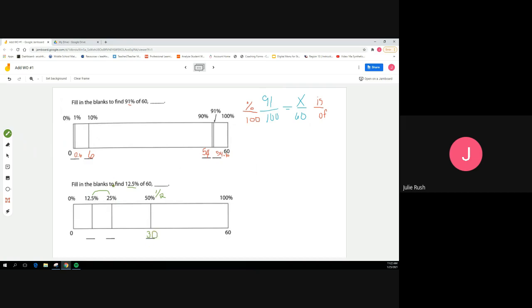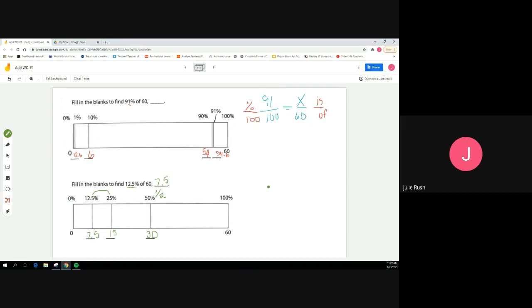Half of that would be 25% of 60, so that would be 15. And then halfway again, half of 15 is 7.5. And so our answer is 7.5.